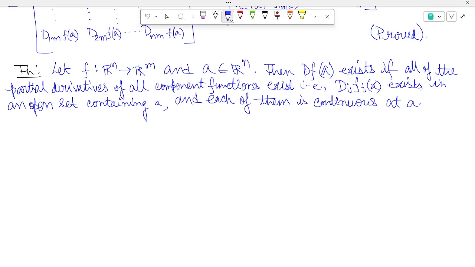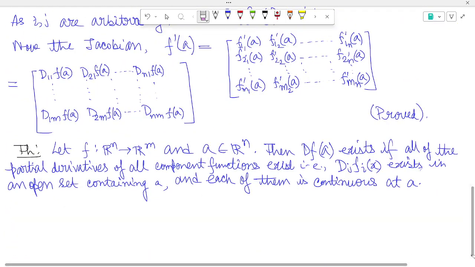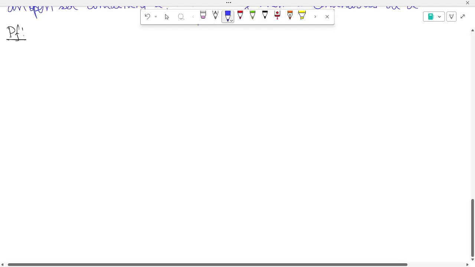I need to show this. I need to show, if the partial derivatives exist and they are continuous in an open set containing a, then I can say that DFA exists. Okay. So I only need to check when m equal to 1.